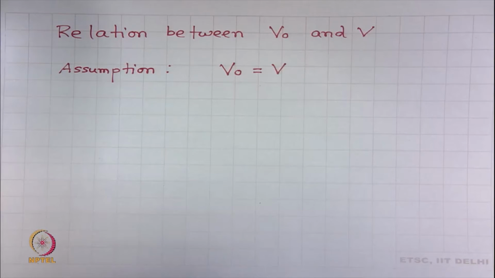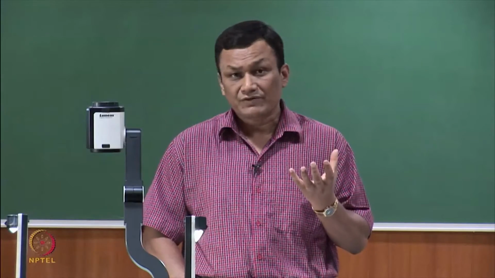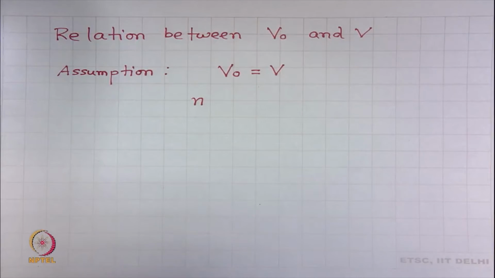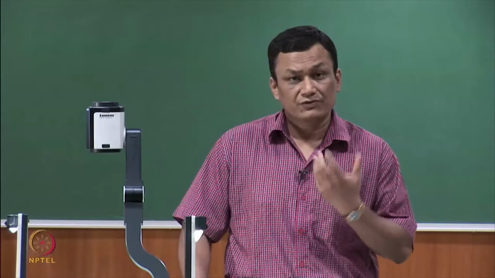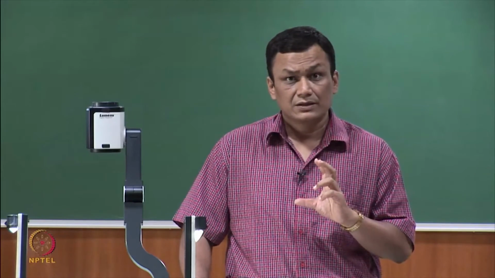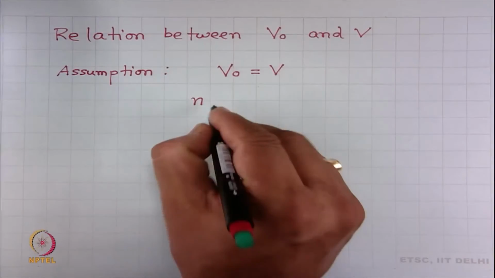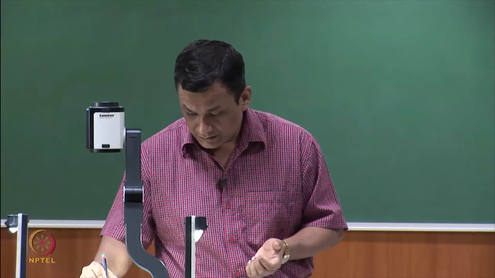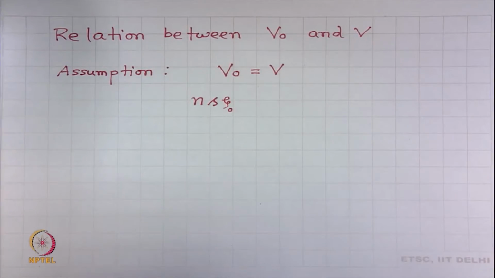V naught is the volume of all fibers. How many fibers? N. And what is the volume of one fiber? What is volume? Cross sectional area into length. They are parallel fiber bundle. So, what is cross sectional area? Small s. And what is length? Zeta naught. So, this is V naught.